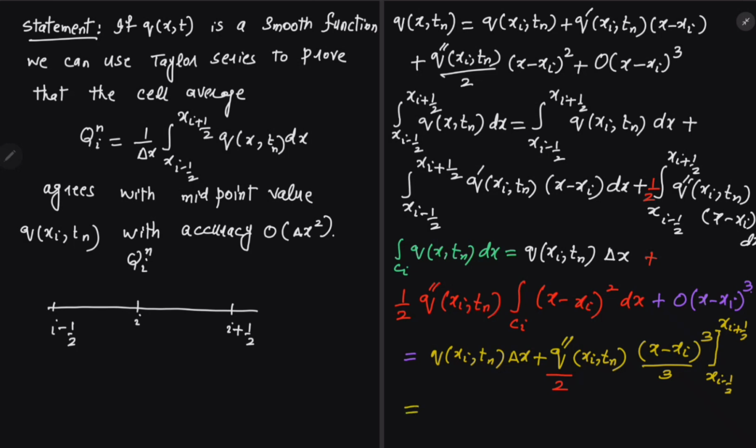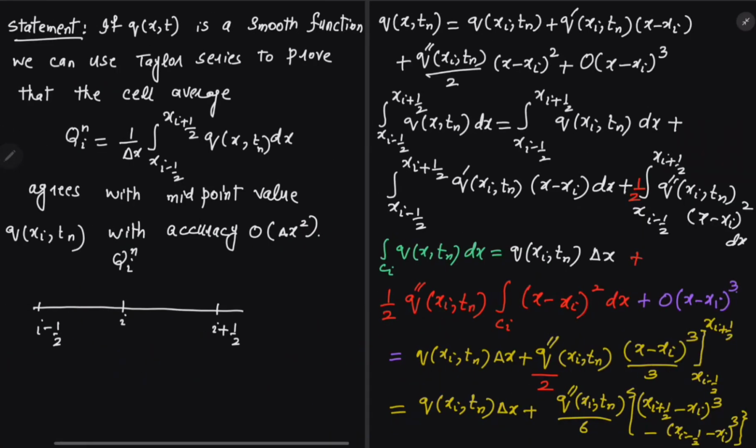So this is equal to Q xi Tn delta x plus Q double dash xi Tn divided by 6, and we put the upper limit, (xi plus 1 half minus xi) cube divided by cube, and minus (xi minus 1 half minus xi) cube. There is less space left, so I will solve it in the next page.